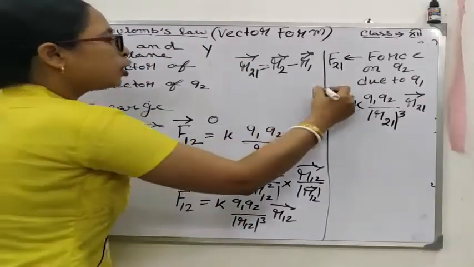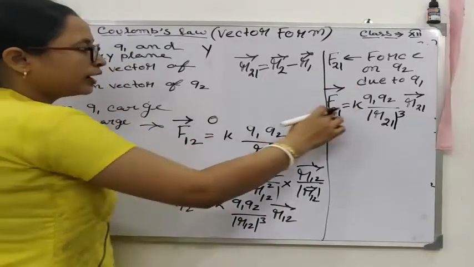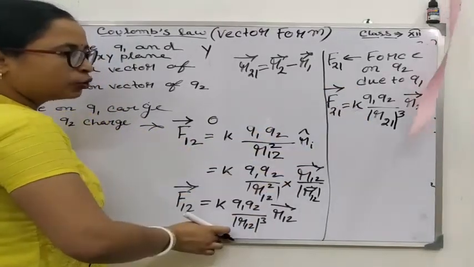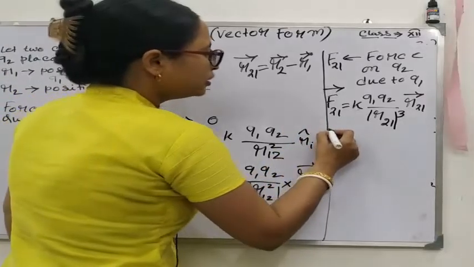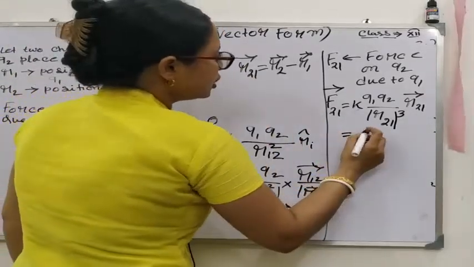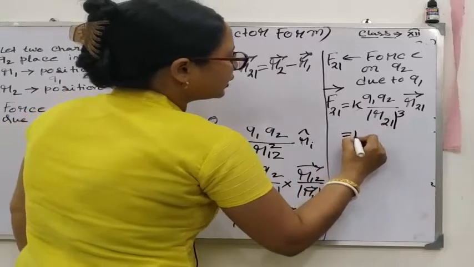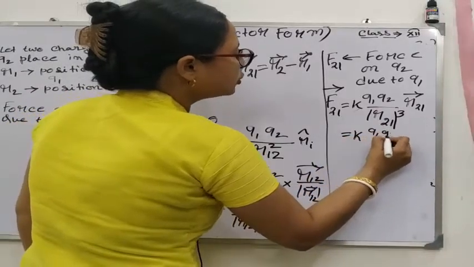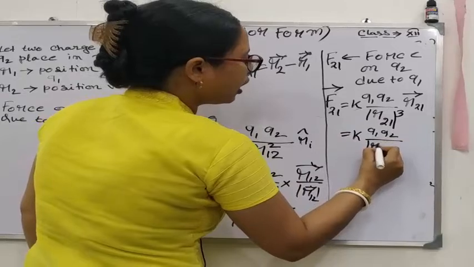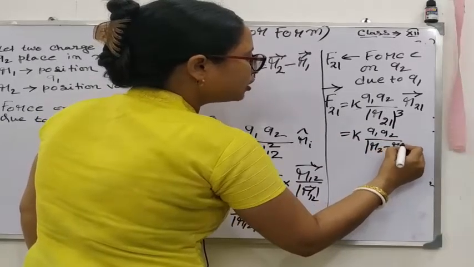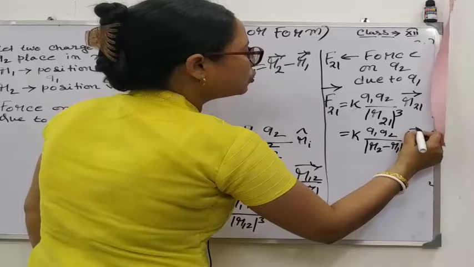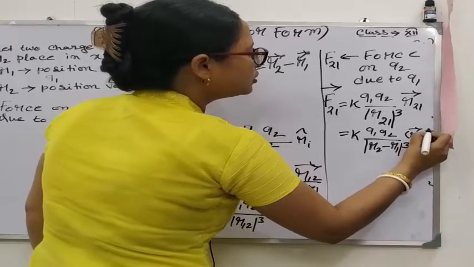Now if you compare this F12 and F21, you can see the magnitude of these two vectors is equal, no? Or if I write it as an extension of this formula, then what happened? K Q1 Q2 divided by mod R2 minus R1 whole cube into R2 minus R1, like this.